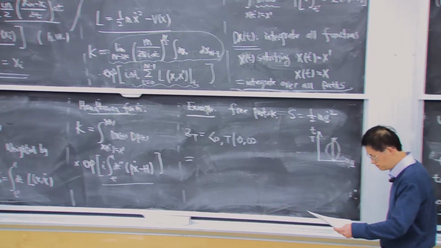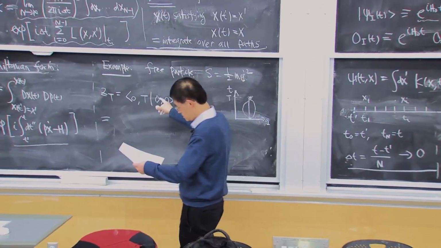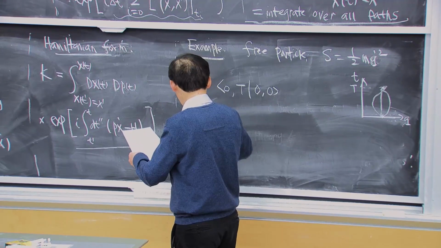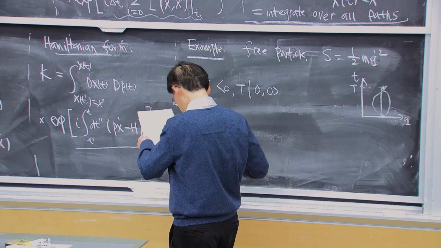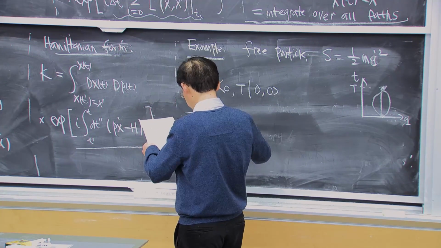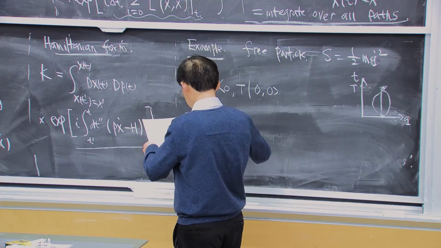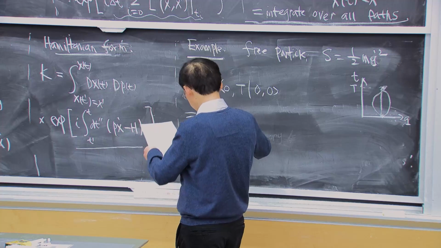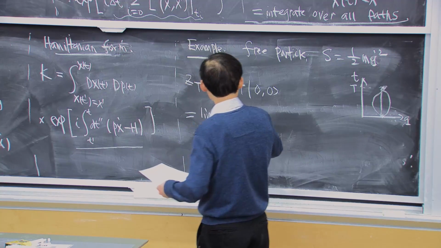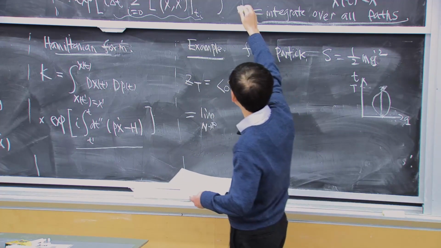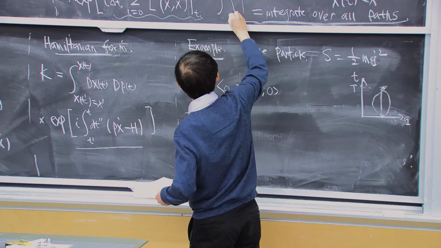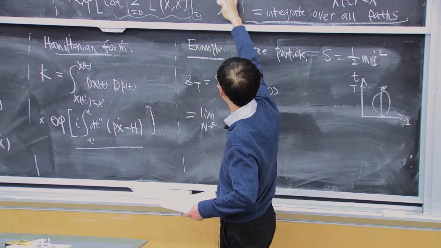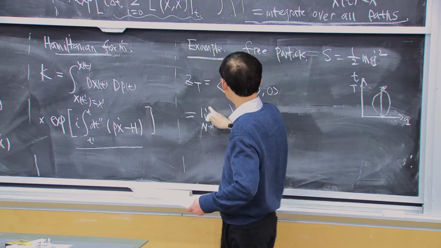So Z(t) is equal to, in this case, the limit n going to infinity. Yeah, you just copy this down, and change this x_i to q.